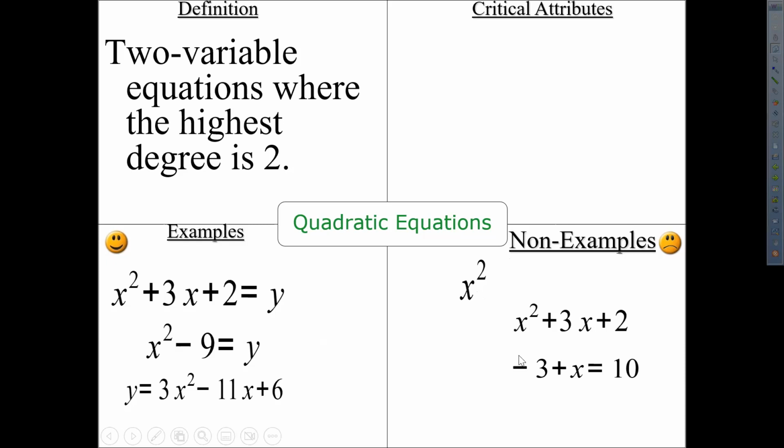Yeah, they're not an equation. All right. How about the last one, Caleb? Why is that one not a quadratic equation? It doesn't have the second variable, and what else? Yeah, the x needs to be squared. All right. So we got that.